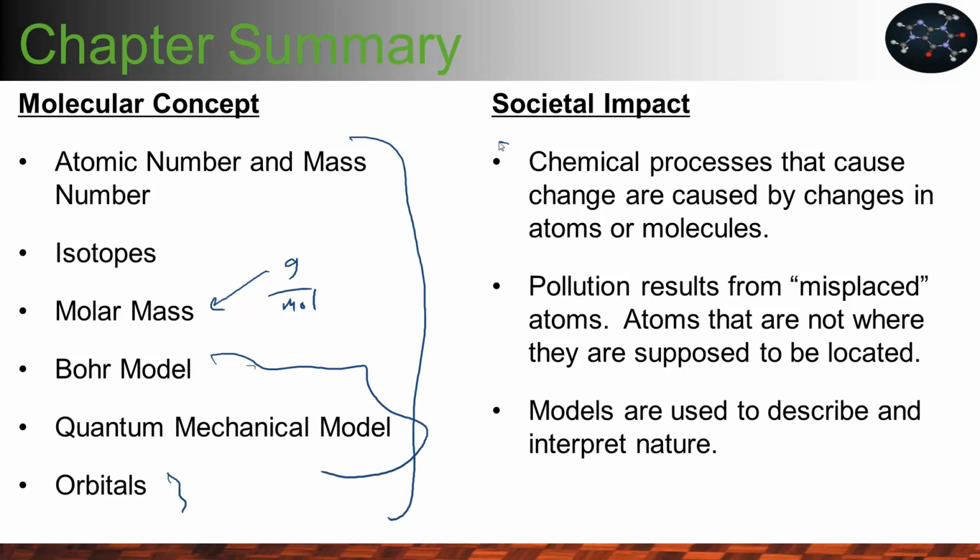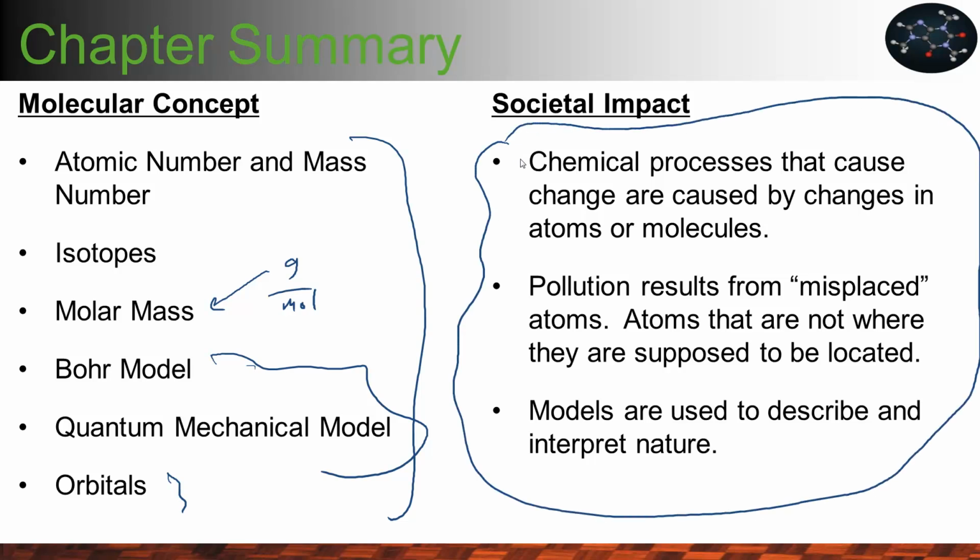And all of this relates to all sorts of ideas in your book, the main one being that all of these chemical changes that we see in the world around us are just due to changes in the connections of atoms and molecules and atoms in molecules.